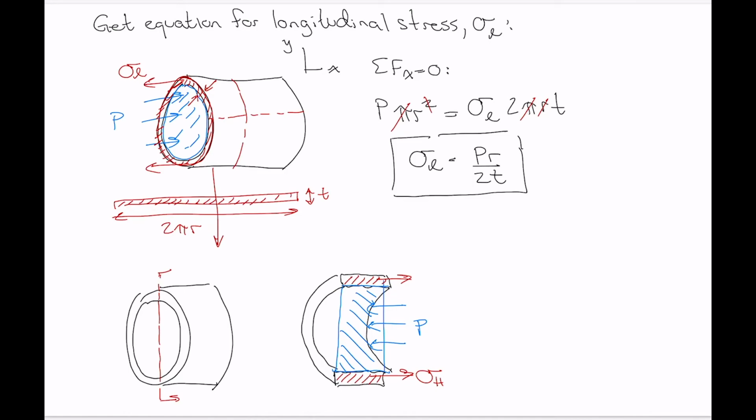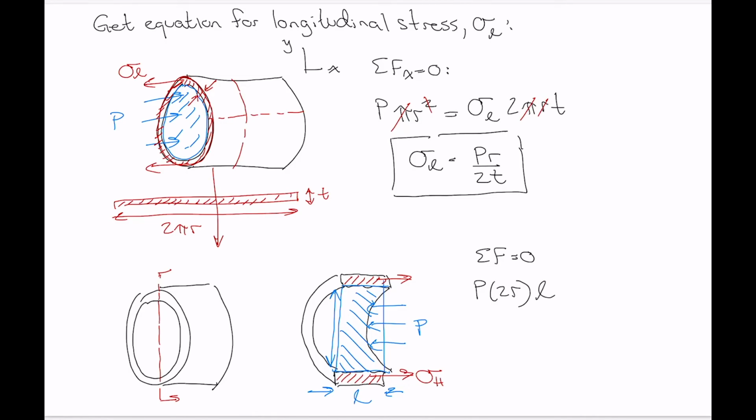So again, let's do sum of the forces is equal to 0 here. So we've got P, and the area that it's acting over is 2 times the radius, 2r, so that's this distance here, the diameter, and then some length, L. Let's just make this length L. There we go.